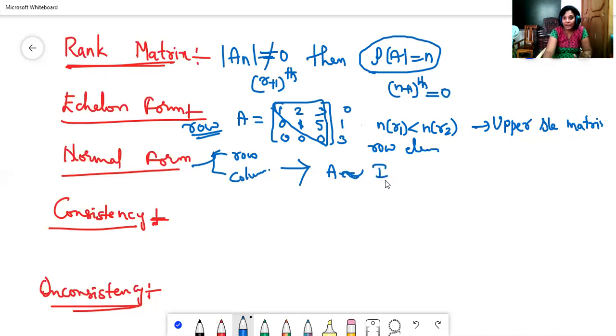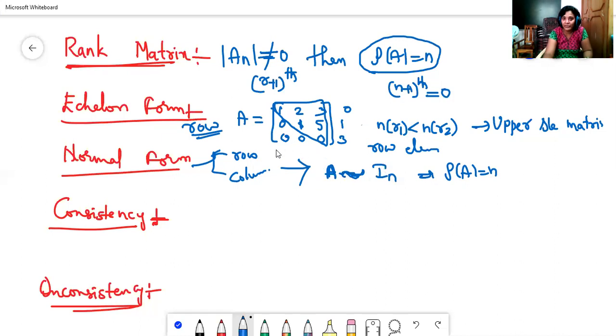If A is reduced to an identity matrix, then whichever order that identity matrix has, the rank of the matrix is that order.